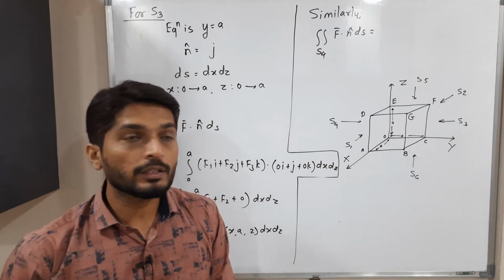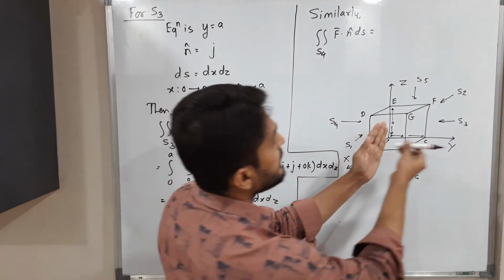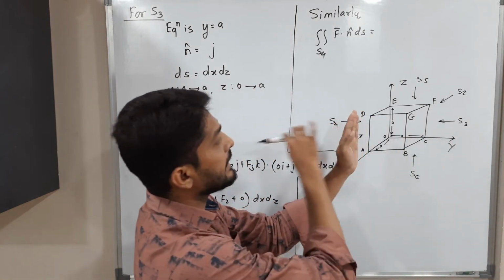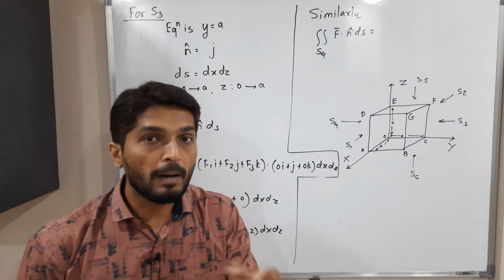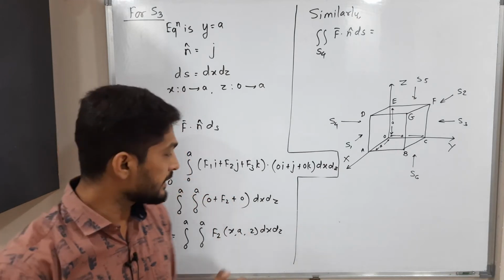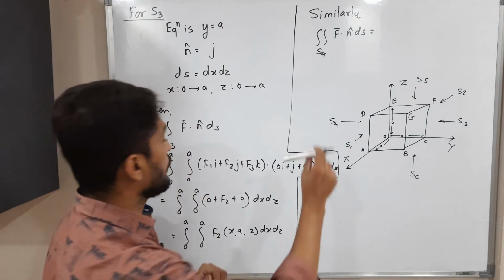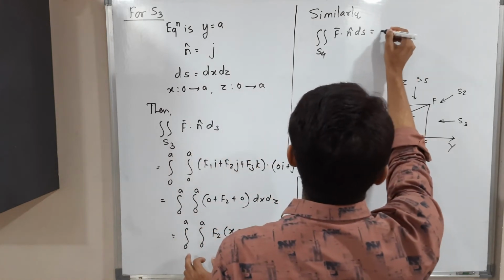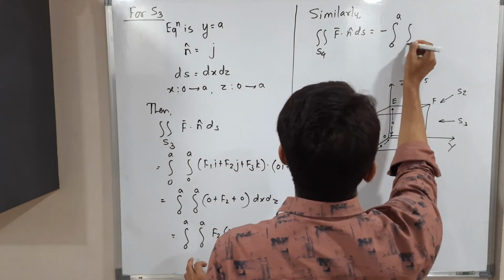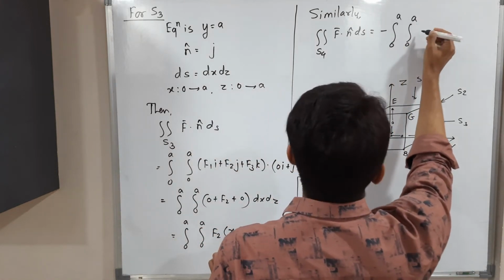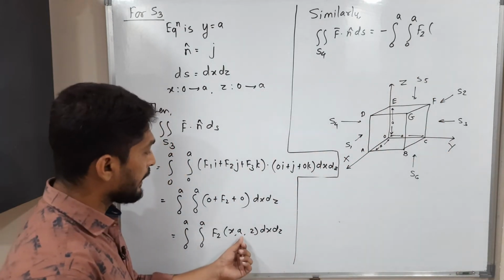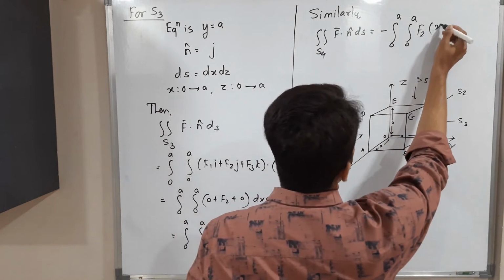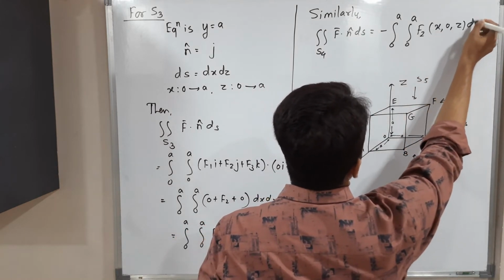And the second important thing is here the normal vector is j, but for S4 we have exactly the opposite direction, so its normal vector will be minus j. Because of that minus sign, here I should write a minus sign for S4. So it will be minus the integral from 0 to a, 0 to a, of f2. Here the equation of that surface is y equal to 0, so I should write x 0 z dx dz.